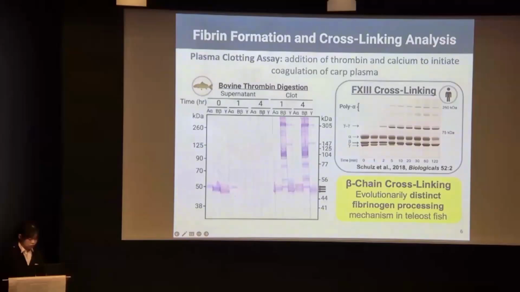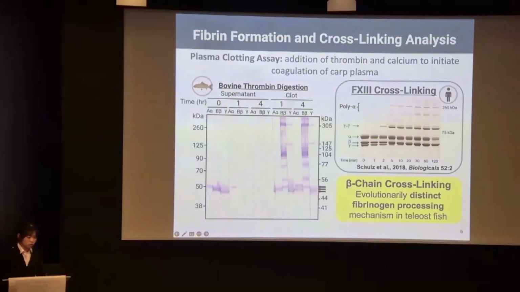After inducing clotting, we see a decreased size of the alpha chain, which is because of the release of fibrinopeptides, whereas the beta chain and gamma chain are cross-linked into several high molecular weight bands. Also, after prolonged clotting, we see some smaller fragments of beta chains.